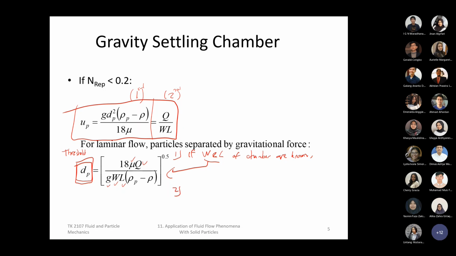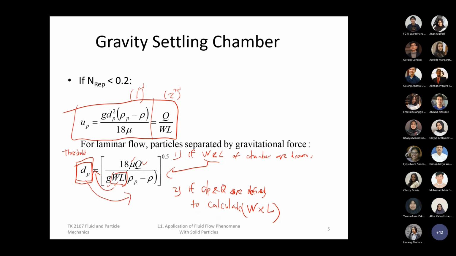The other approach is, of course, if dp and Q are defined, then you can use this correlation to calculate W multiplied by L. Put this on the left side of the equation, put dp on the right side.